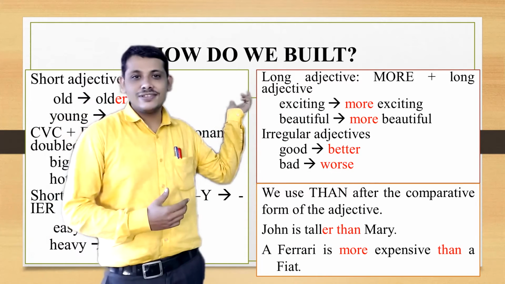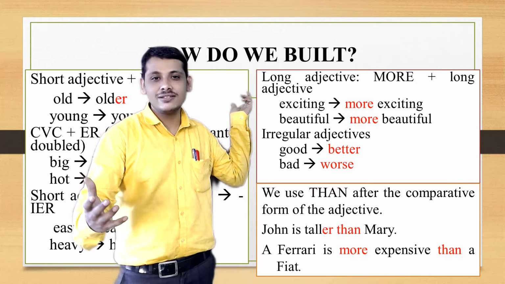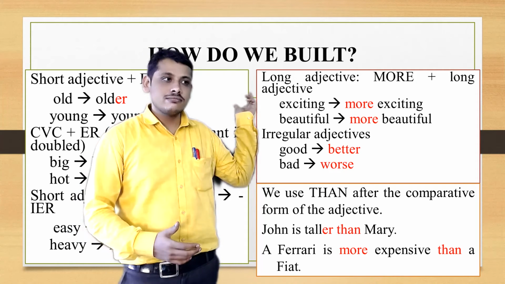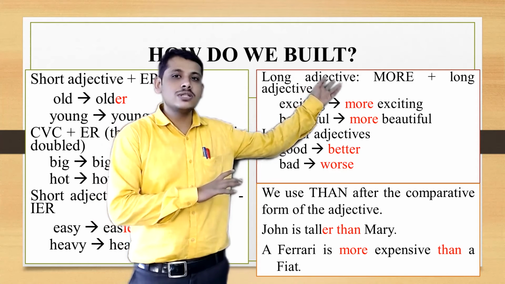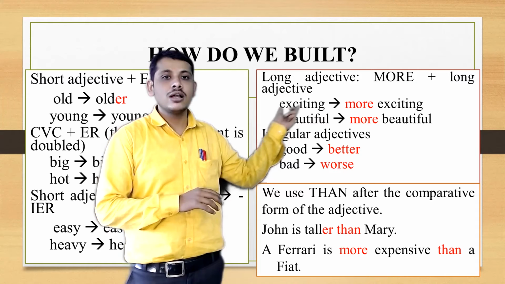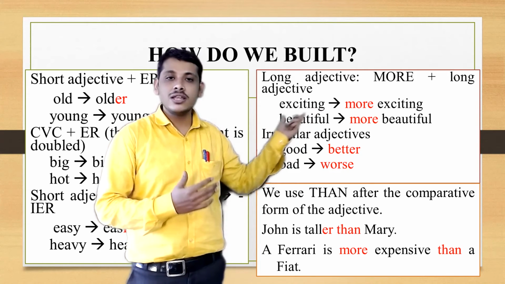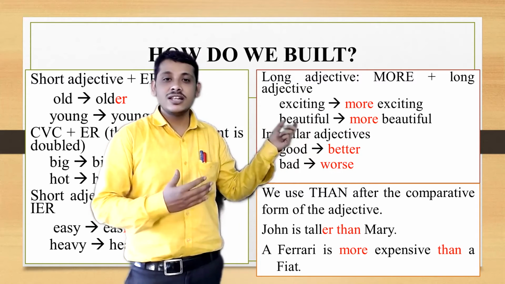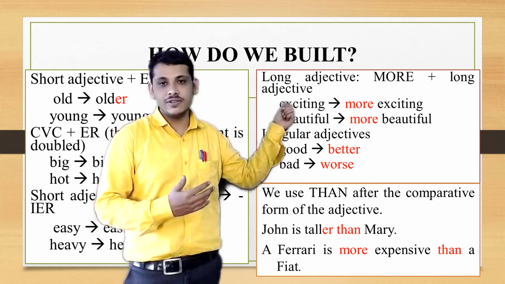What if the adjective is not short but a big one? Then you have to use the word more. Don't add er but use more before long adjectives. For example, exciting, more exciting, beautiful, more beautiful, important, more important, dangerous, more dangerous, significant, more significant.